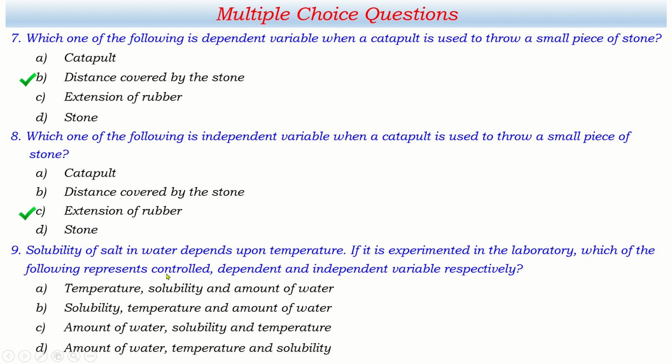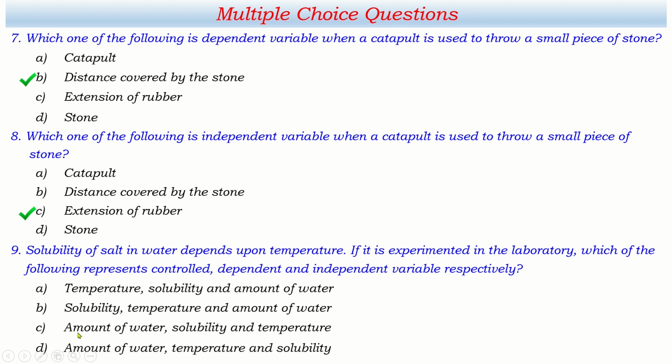Usually 100 gram of water is taken and salt is added in it and we heat the solution. And when temperature increases due to the heating, then what happens? Solubility also increases. So which one is control? Control is amount of water. In the first it is not there, second also not there. In C, amount of water, and in D, one of them is correct, isn't it?